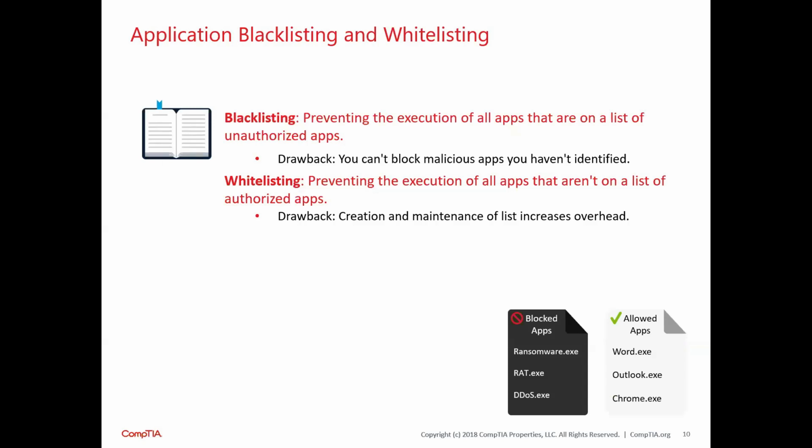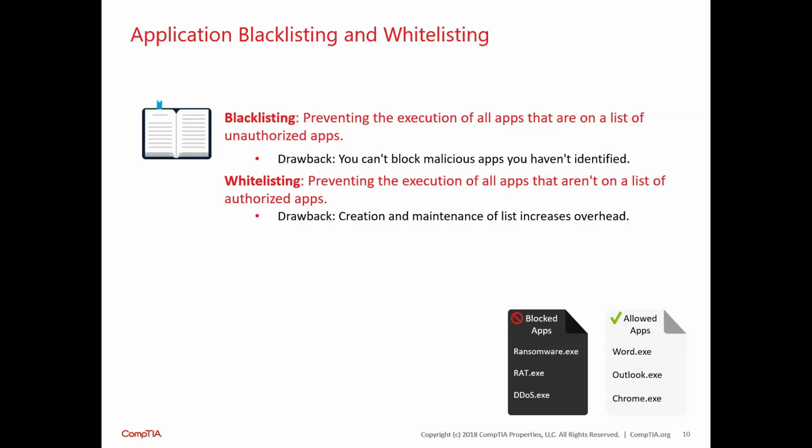And then we have other types of hardening: application blacklisting and whitelisting. Blacklisting means you're preventing specific applications, or even all applications, which are on the list of unauthorized applications. For example, you do not allow a particular application such as TeamViewer to run on your Windows.